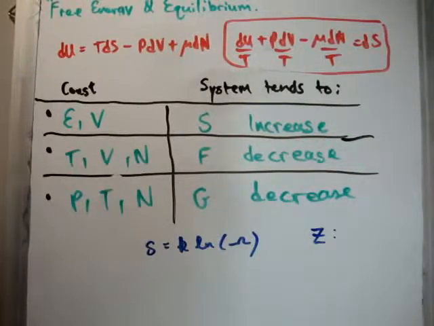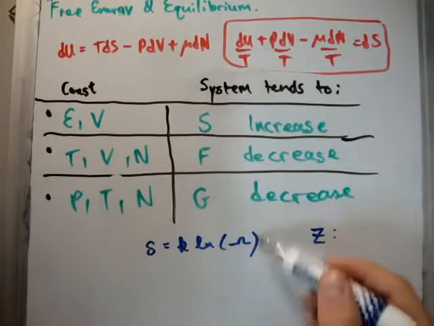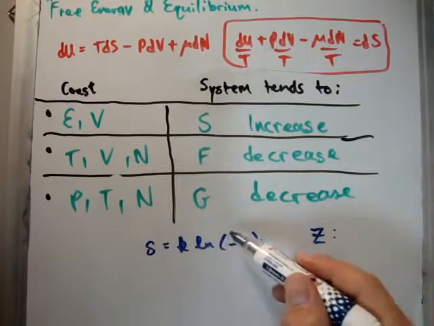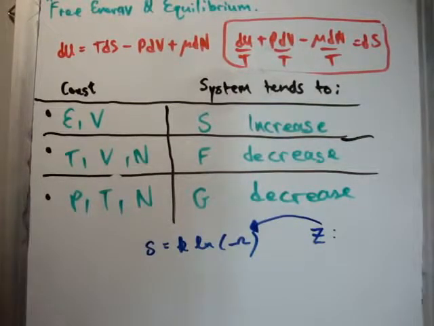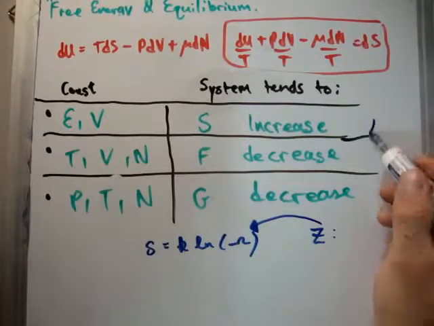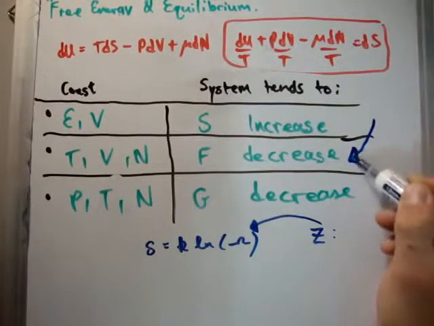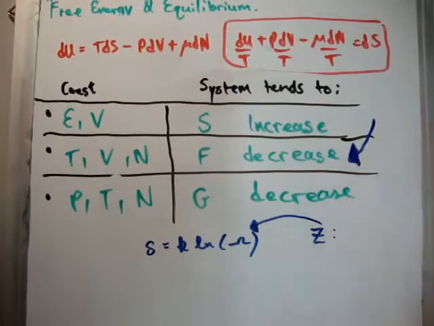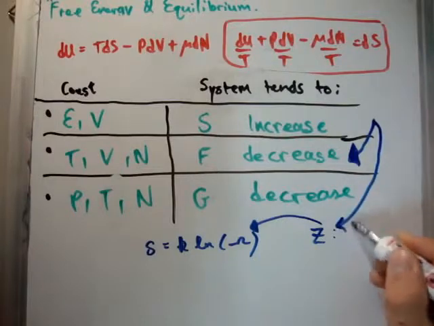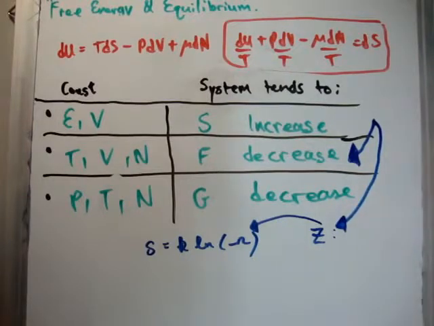But the point here is that later on we find that the partition function is kind of analogous to the multiplicity. And the only reason we can make this analogy is because we find that the Helmholtz free energy tends to decrease in order to get into equilibrium. So if you're going to do quantum statistics at some stage later and talk about the partition function, you'll need the results of this video in order to do it.